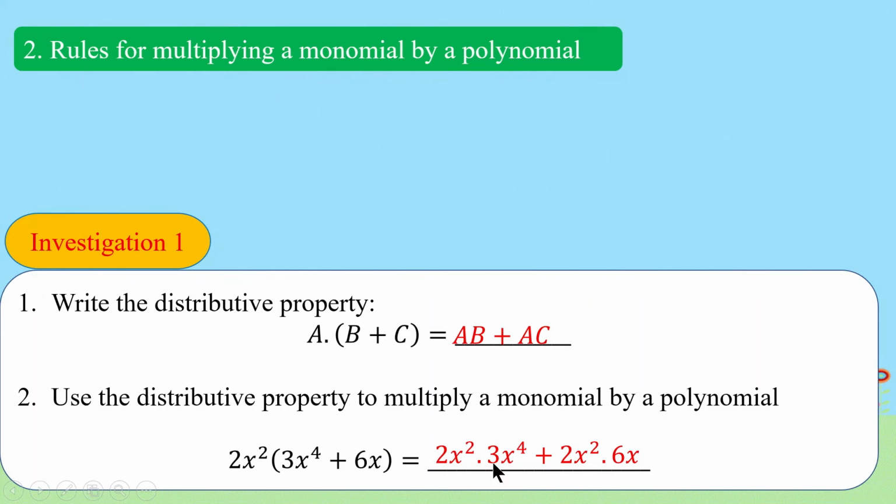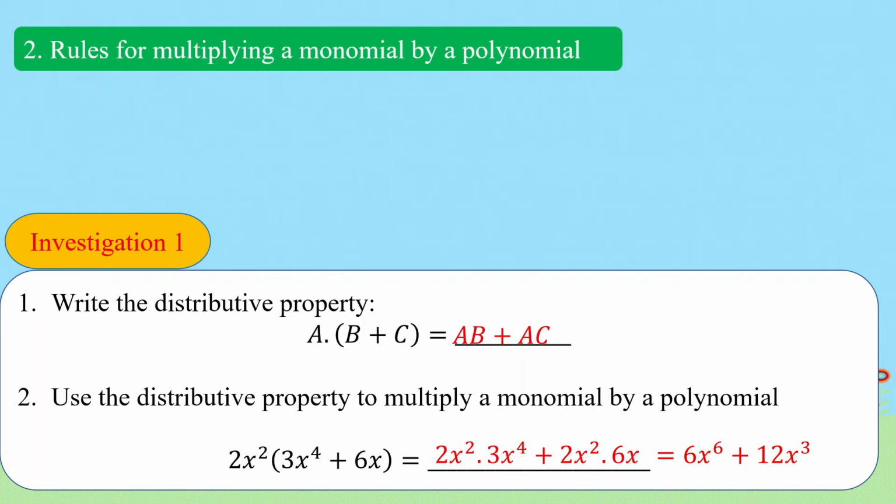Now I can simplify this whole expression. 2 times 3 is 6. X squared times x to the fourth is x to the power of 6. And with the second term, 2 times 6 is 12. X squared times x is x to the third.